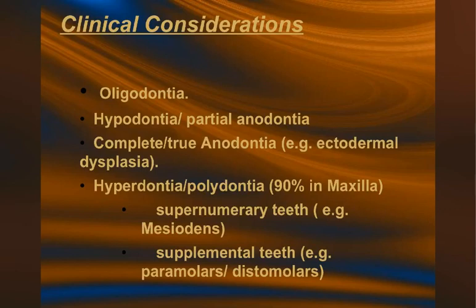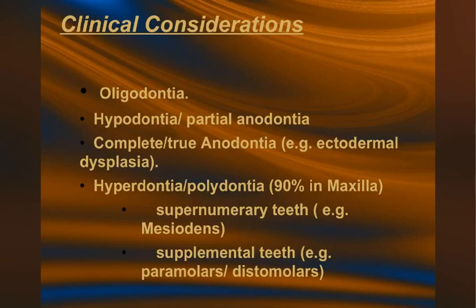We have supernumerary teeth or supplemental teeth. Supernumerary teeth means the extra tooth doesn't look like its neighboring teeth. Supplemental teeth means the extra tooth looks similar to the neighboring teeth.